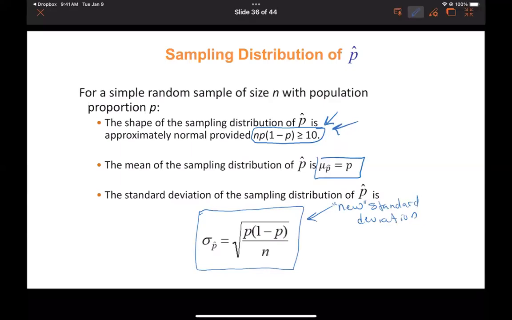This is what we use because once again, the standard deviation is dependent upon sample size. So we have to use this fancy math. And you're using p and not p hat. In here, use p, not p hat. Questions before I move on? I'm going to do some examples.